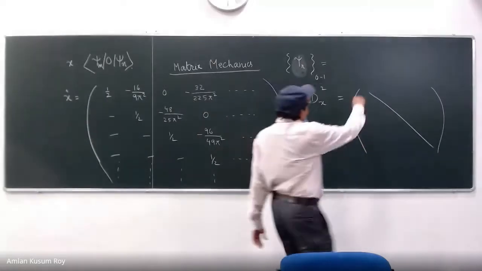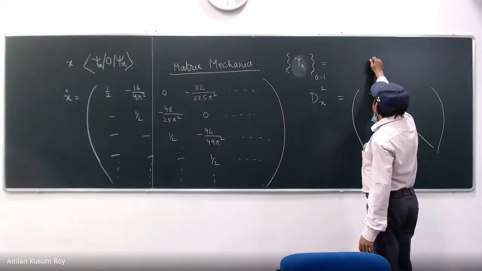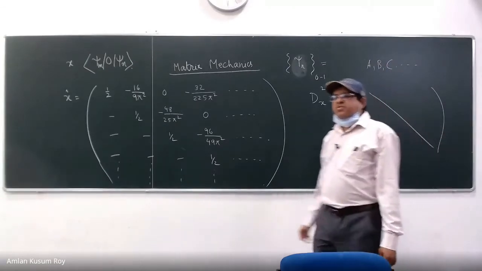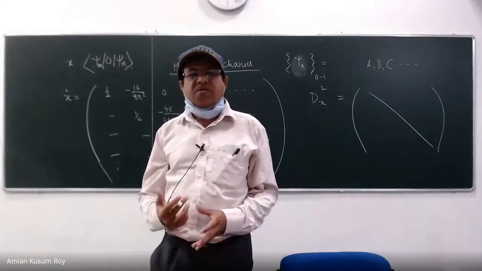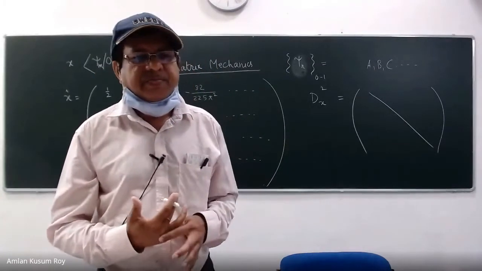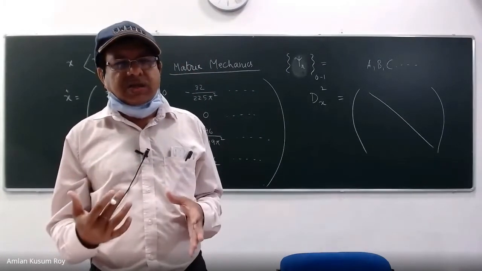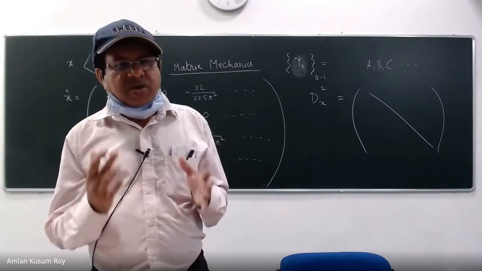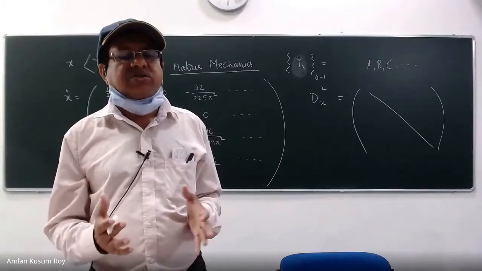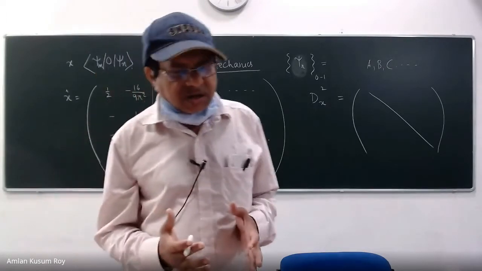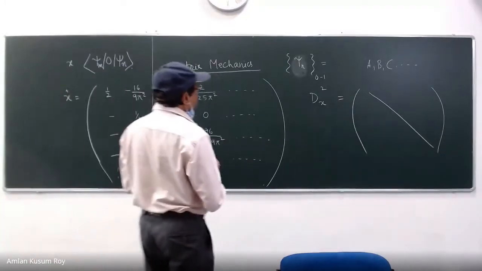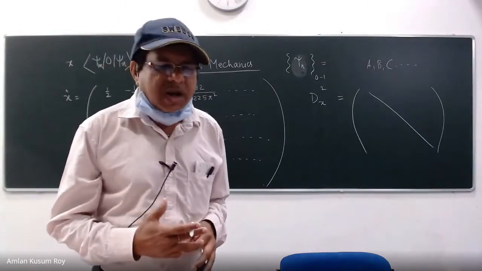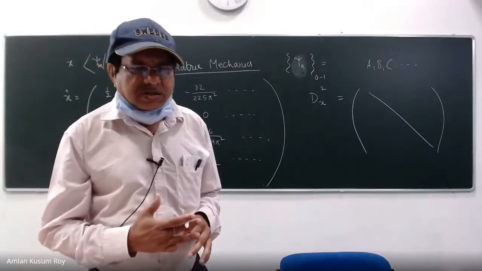Remember, when you have so many operators, A, B, C, every time we have discussed this kind of stuff: if you have several operators which commute with each other, that means there is a complete set of common eigenfunctions shared by these operators. That means the representation given by these eigenfunctions will give a diagonal matrix for all these operators.